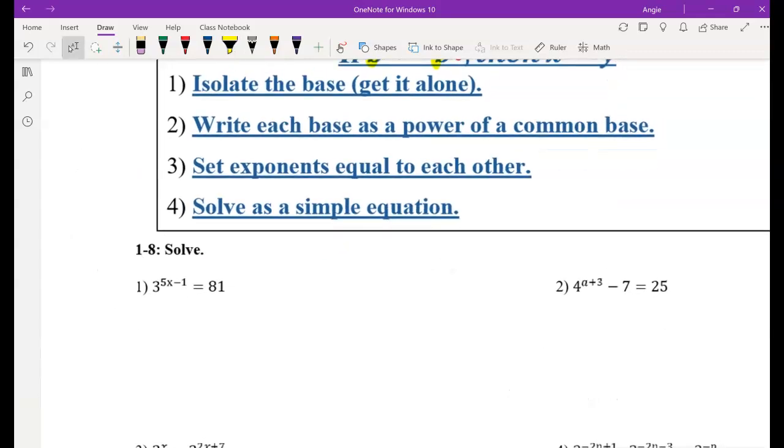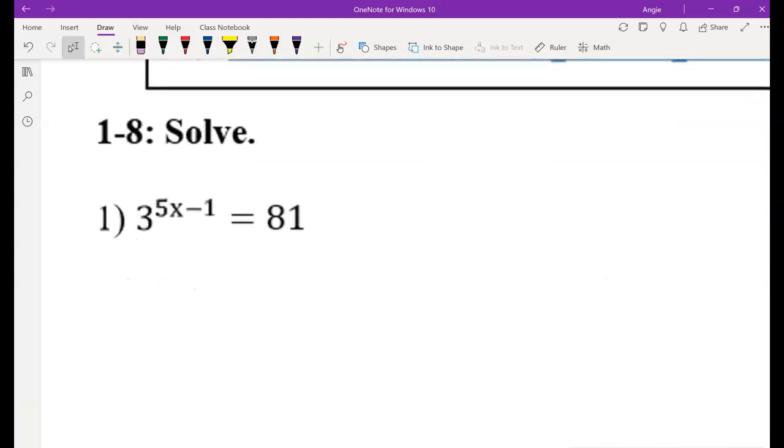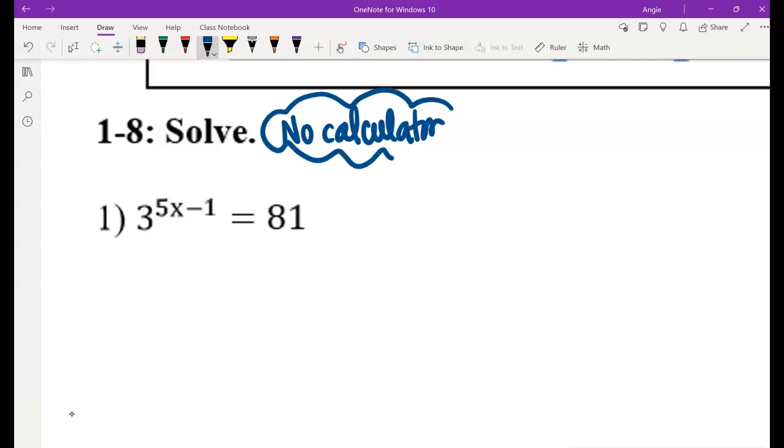Examples 1 to 8 are all going to be solving. Example 1 says 3 to the 5x minus 1, and no calculator on these easy ones. So 3 to the power of 5x minus 1 equals 81.